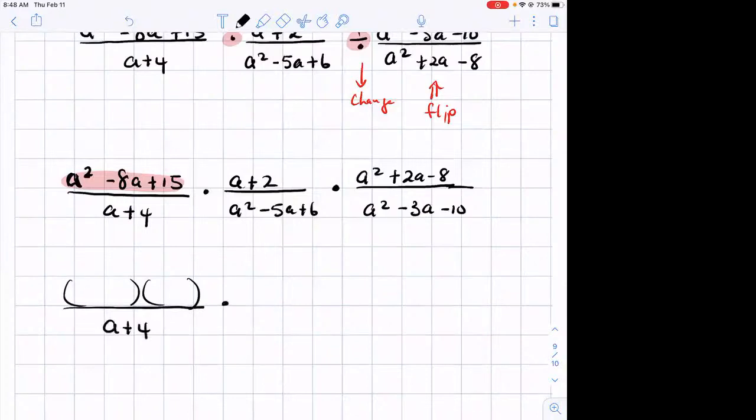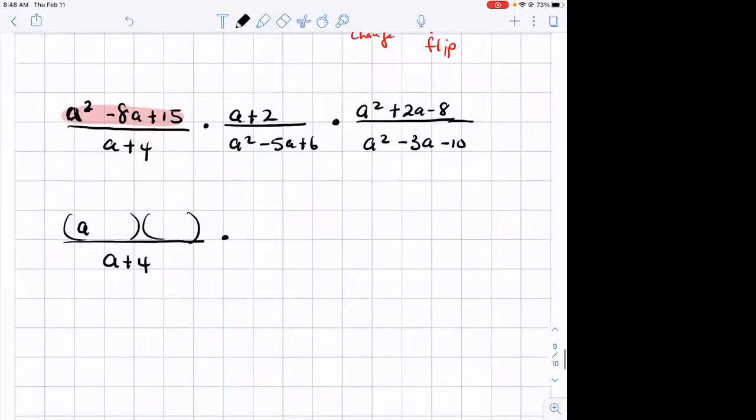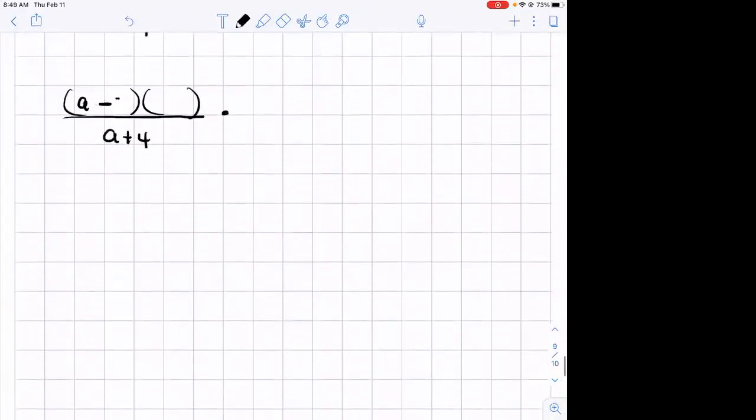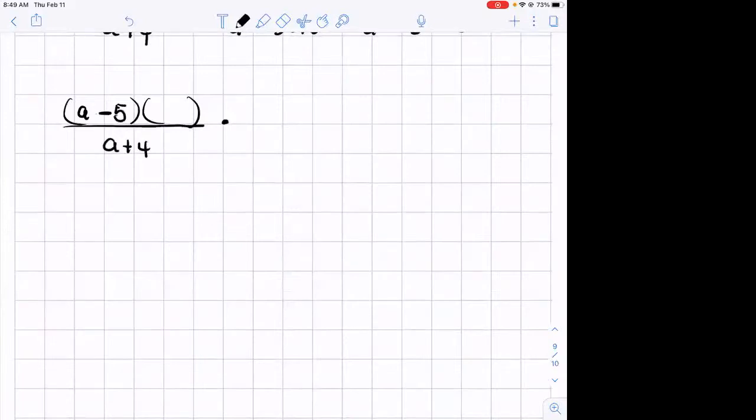If you factor that numerator, you should have a minus 5 and a minus 3.